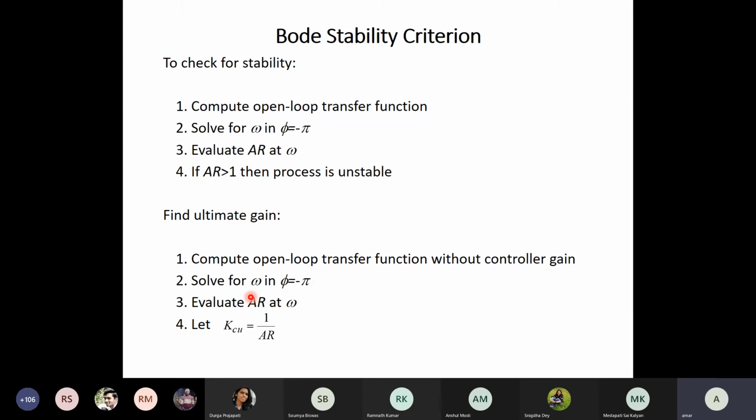Now, if I calculate the AR at omega, then I can find out the ultimate gain of the system, which is Kc equal to 1 by AR. So the ultimate gain is nothing but 1 over the amplitude ratio calculated at the crossover frequency.